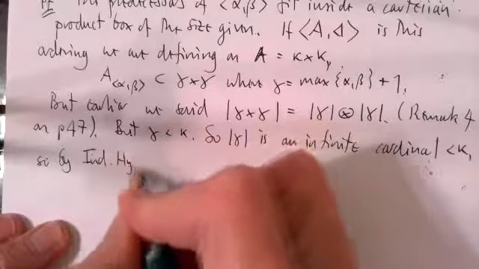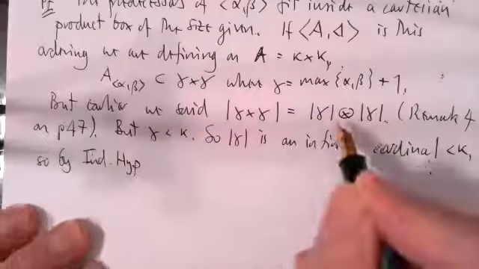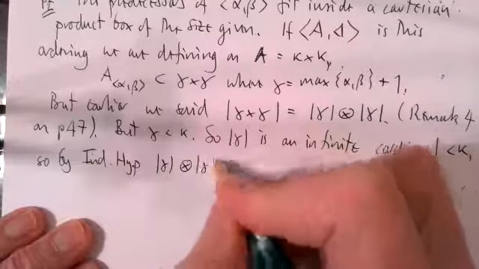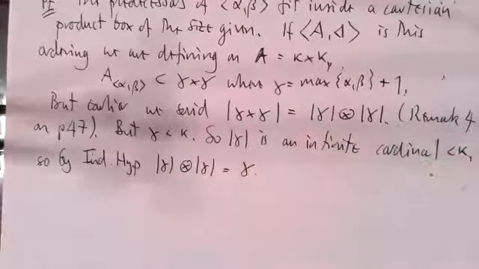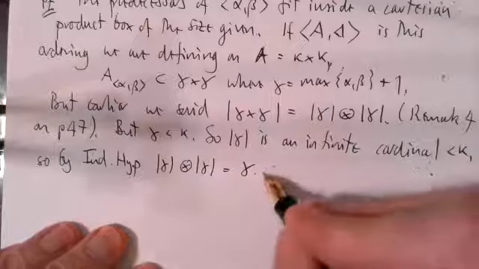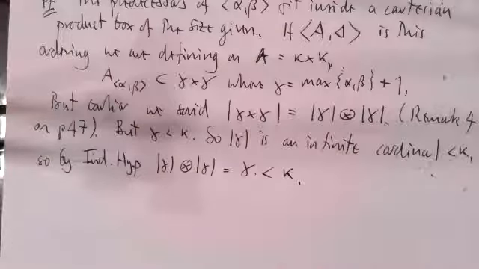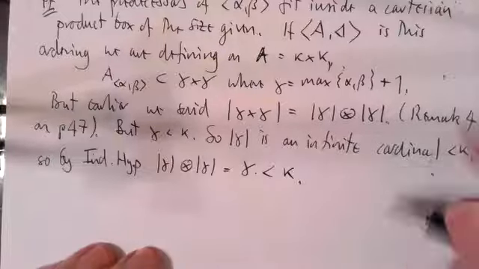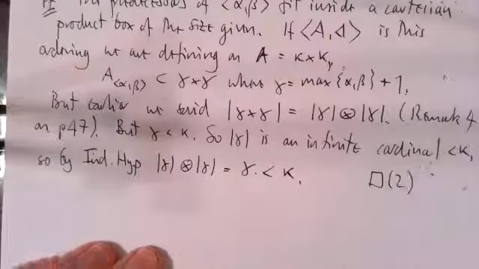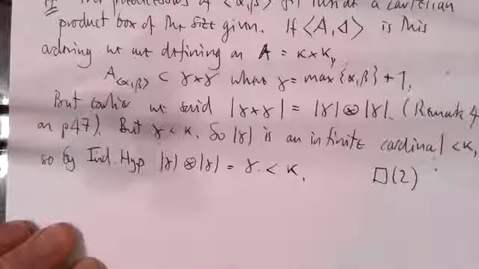So by the inductive hypothesis, this is gamma itself. And that's less than kappa. So that finishes 2 there.